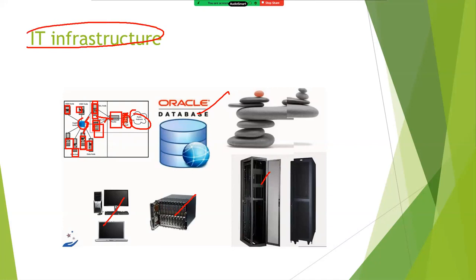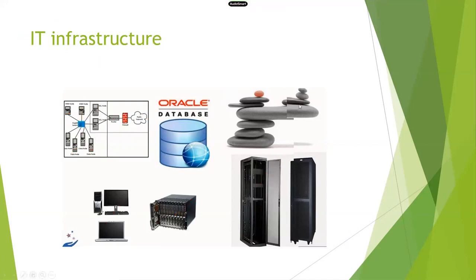All of these things we call IT infrastructure. Why I'm telling this story is to show how internal networking has been established so far, and how things are happening internally. This is the process. Clear?